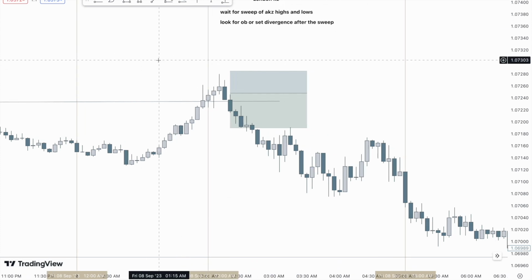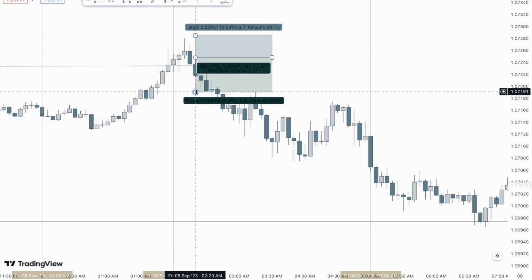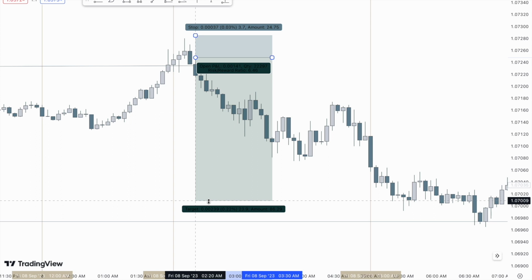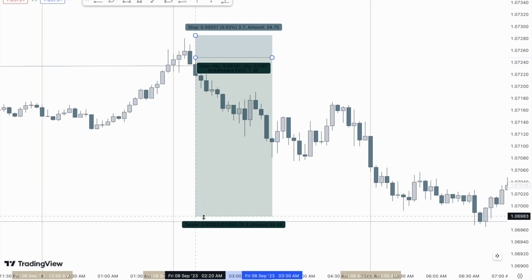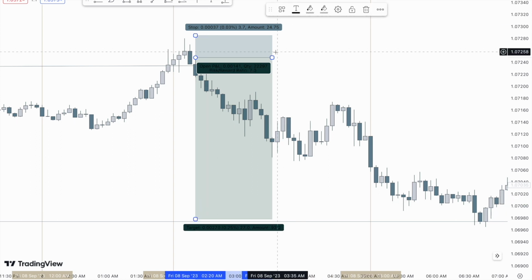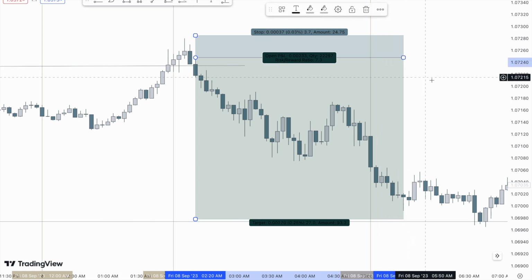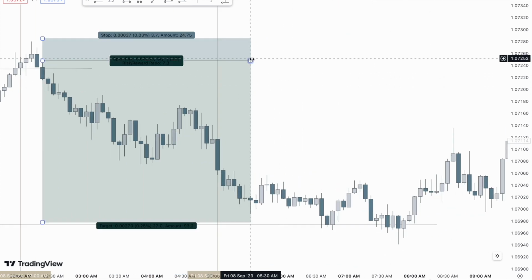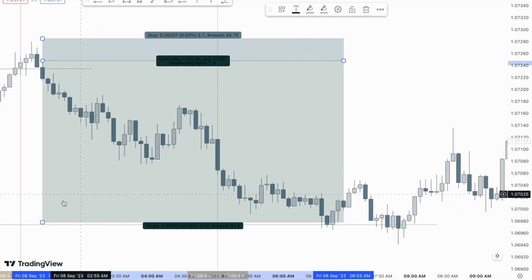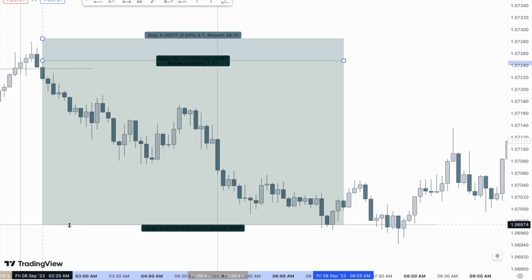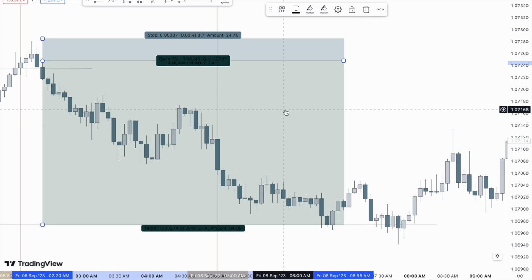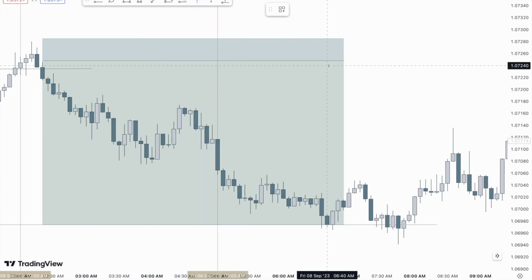Now you will target the lows of the Asian kill zone. These were the lows of the Asian kill zone, so this will be our target. We will take profits once it reaches the lows of the Asian kill zone, and you can see that it happened.